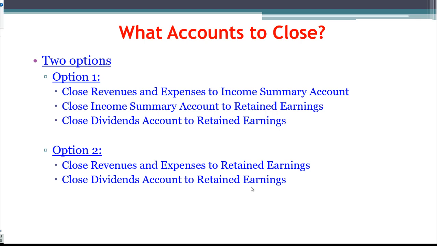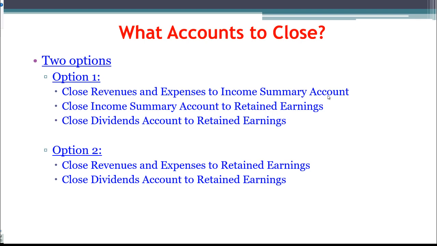Option one involves the use of an account known as the income summary account. It's an extremely temporary account that only shows up during the closing entries. And in this option one, we close revenues to income summary. We close expenses to income summary. The income summary account itself gives us a subtotal, basically representing net income for the period.